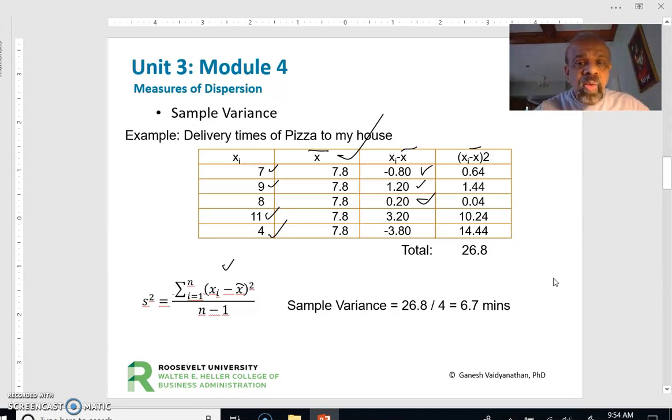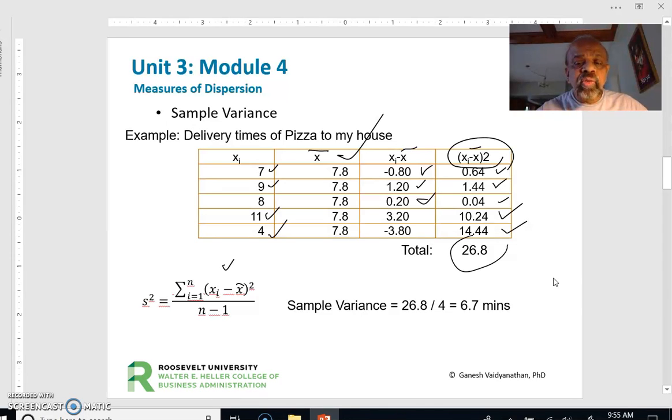Okay. Now I'm going to square them. So minus 0.8 squared is 0.64. 1.2 squared is 1.44. 0.2 squared is 0.04. 3.2 squared is 10.24. Minus 3.8 squared is 14.44.